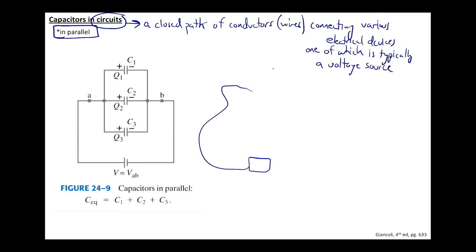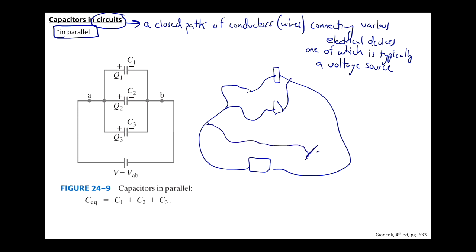Here's one of my capacitors, sitting up here, and I made a connection. Then I'm going to make this other connection down here. And then you're like, I don't know what to do, let's make a connection here, and that's going to go up there somewhere, and then you're going to have one over here, and then it's going to connect there. It's going to be all ugly and messy, and nothing is going to look parallel to anything else.